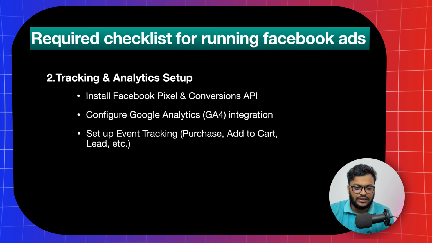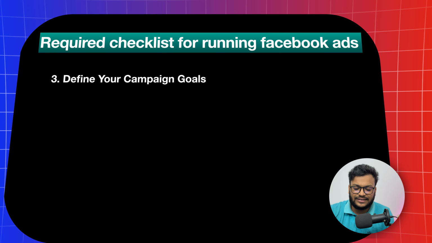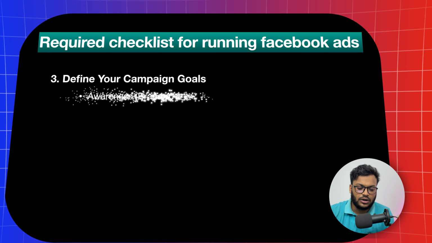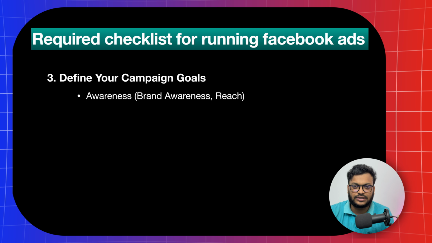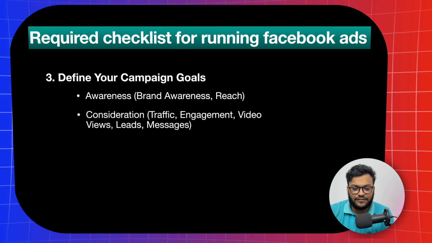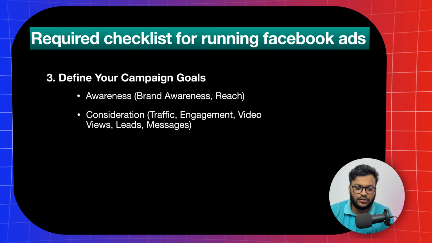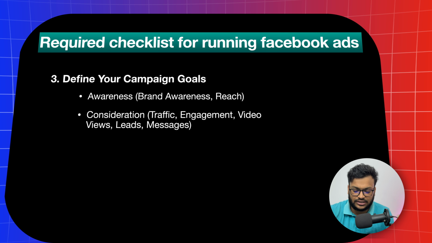events. Number three in my list is define your campaign goal. In Facebook ads you will find different kinds of campaigns available. For example, awareness, and then consideration: traffic, engagement, video views, lead and message you will find in your consideration section.